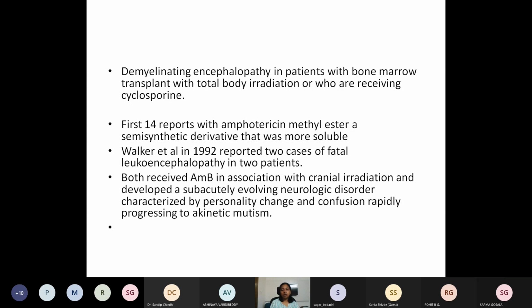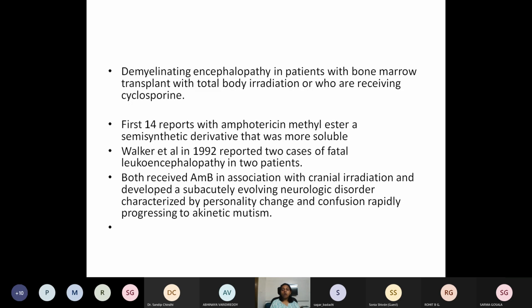It is a very soluble derivative, and that is probably the reason why it crossed the CSF barrier and blood-brain barrier. There was a first identification of about 14 cases where post-mortem studies identified leukoencephalopathy, and this drug was abandoned.